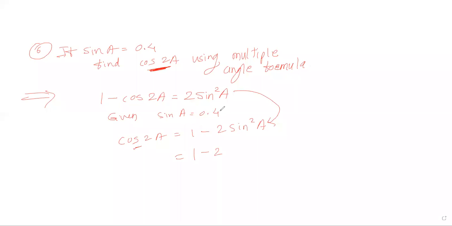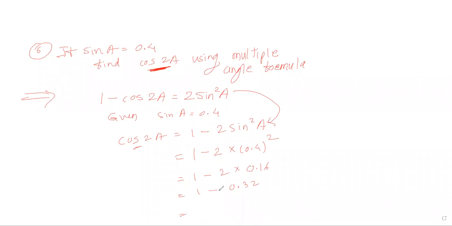Sin A is 0.4 square. Clear? Now 1 as it is minus 2 into 0.4 square, which is 0.16. Then 1 minus, do this multiplication, 0.32. 16 twos are 32.